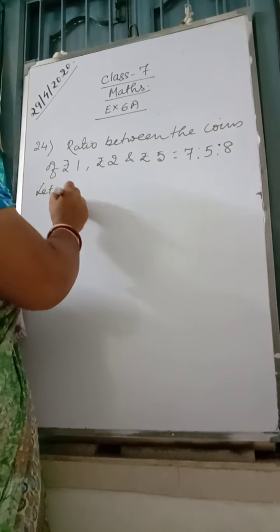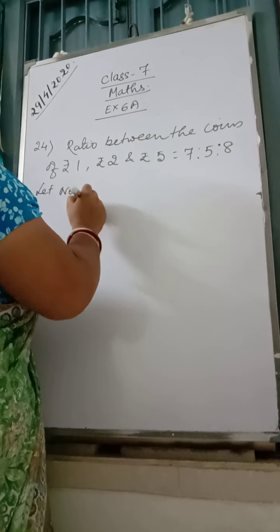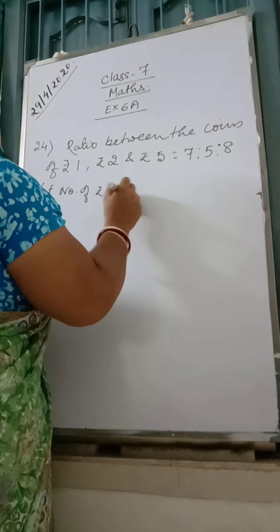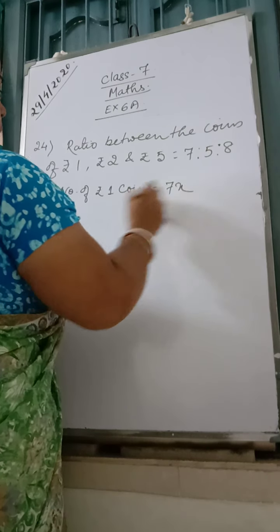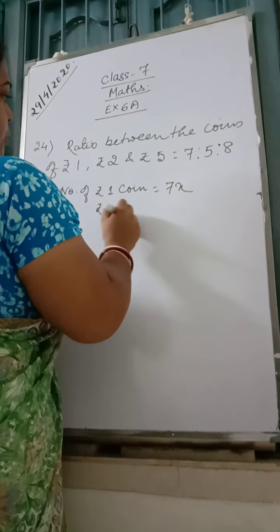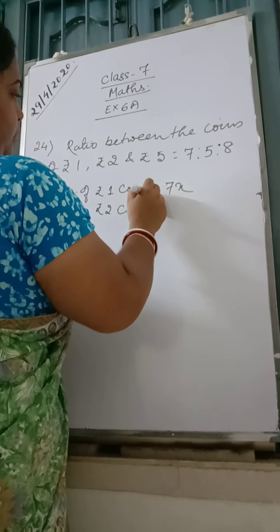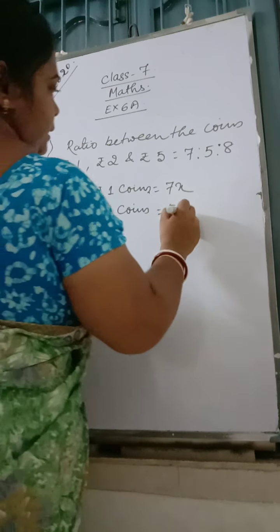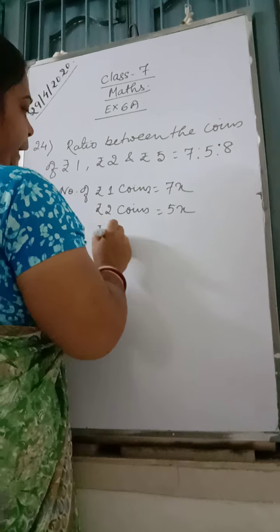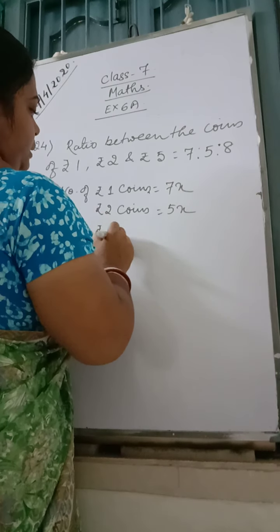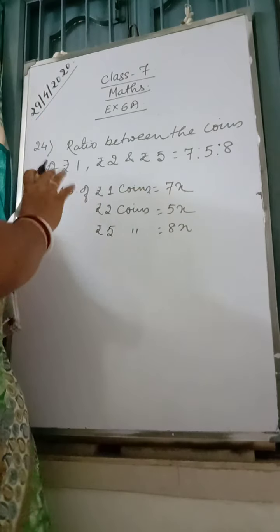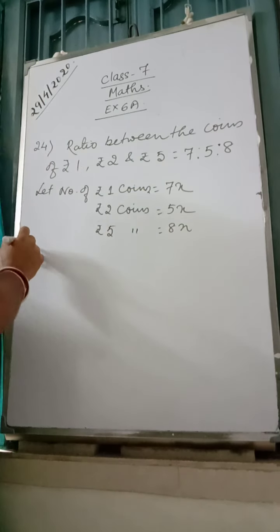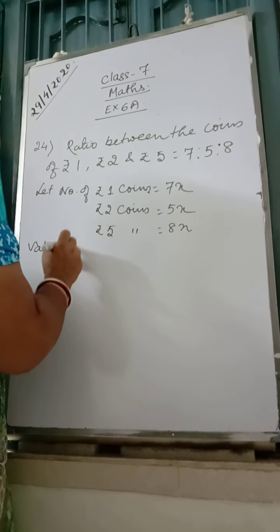Let the number of rupees 1 coins be 7x, rupees 2 coins be 5x and rupees 5 coins be 8x. These are the numbers of coins. So what would be the values?